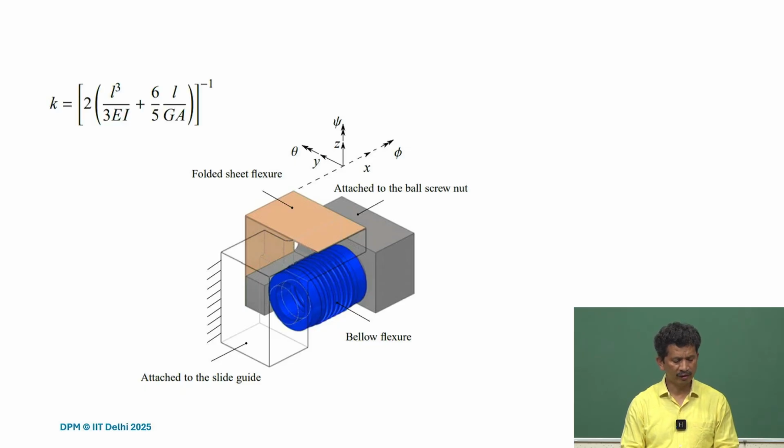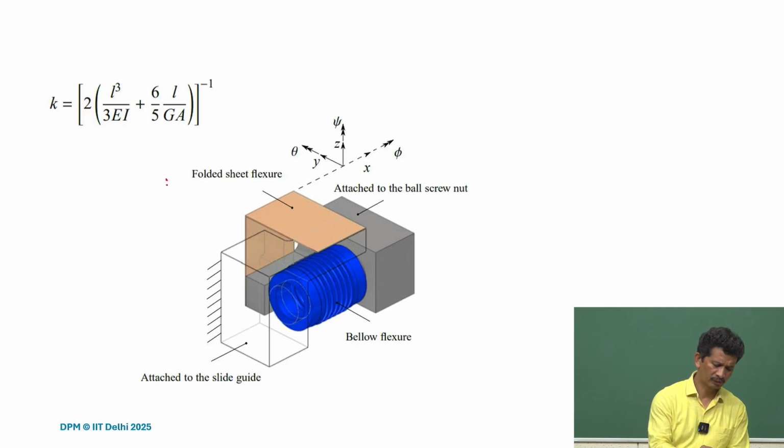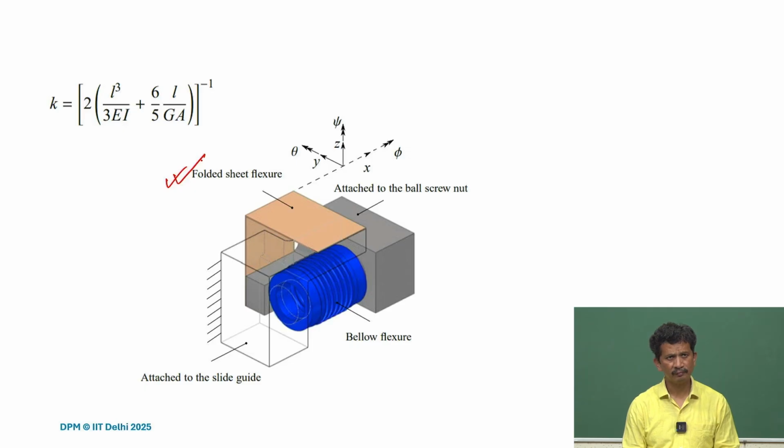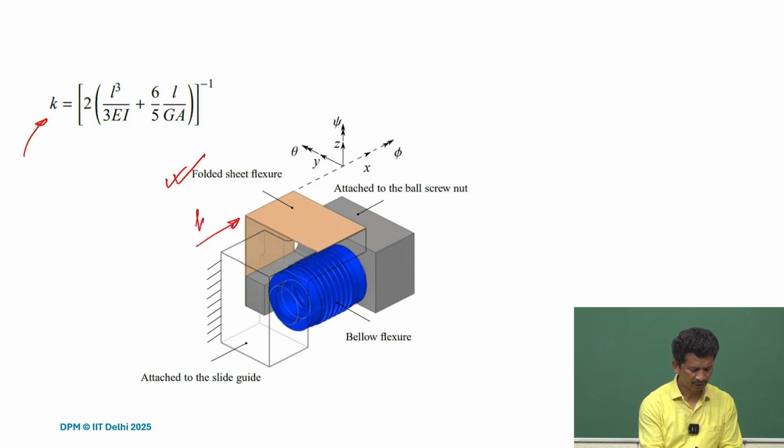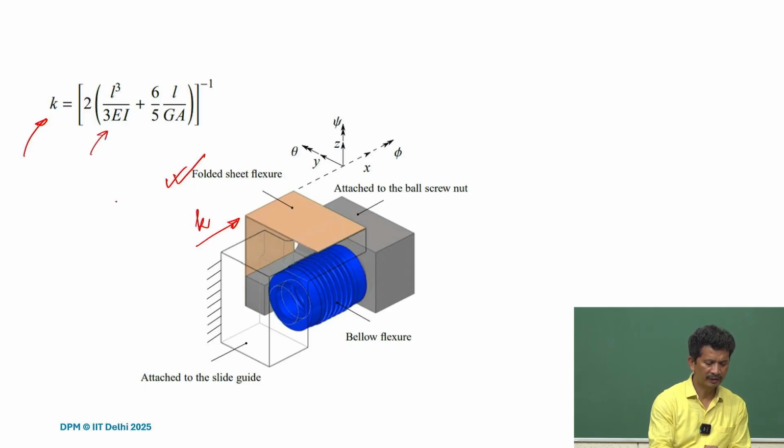So when we have to design this, what are the things we have to look at? So of course, for the folded sheet flexures, if we look at the design and we refer to the literature or to the lecture where we covered, what is important is the stiffness, and the stiffness along this direction, what is the key, and of course it's the inverse of the compliance, and the compliance, deflection, is mainly because of the bending and the shear.